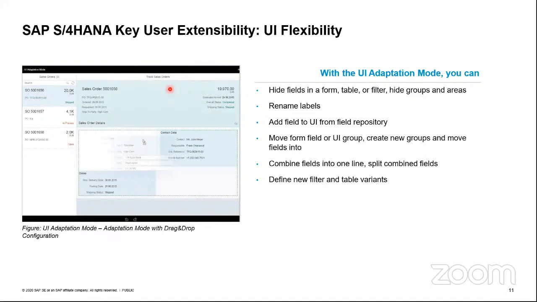What you do is open that BAdI and add whatever value you want to fill into that newly added field during runtime, and you can populate it. It will appear that your custom field is part of the standard structure for the sales order, so that you can fill it at runtime.